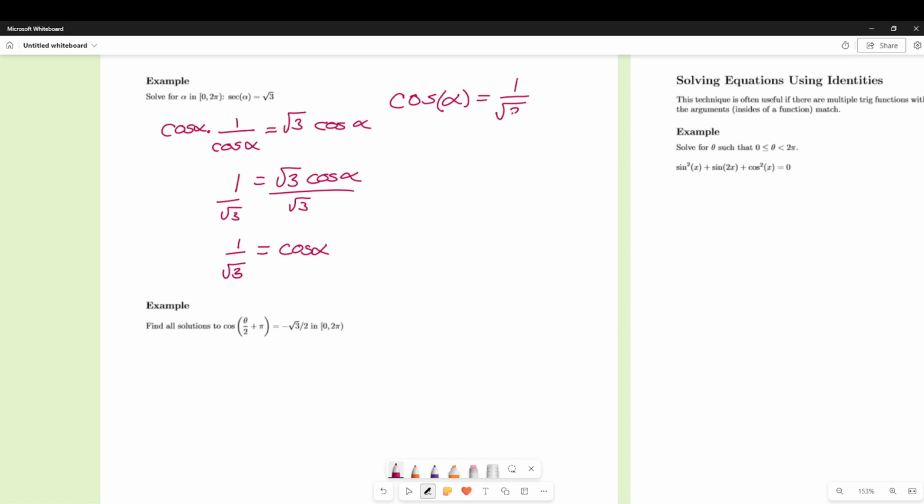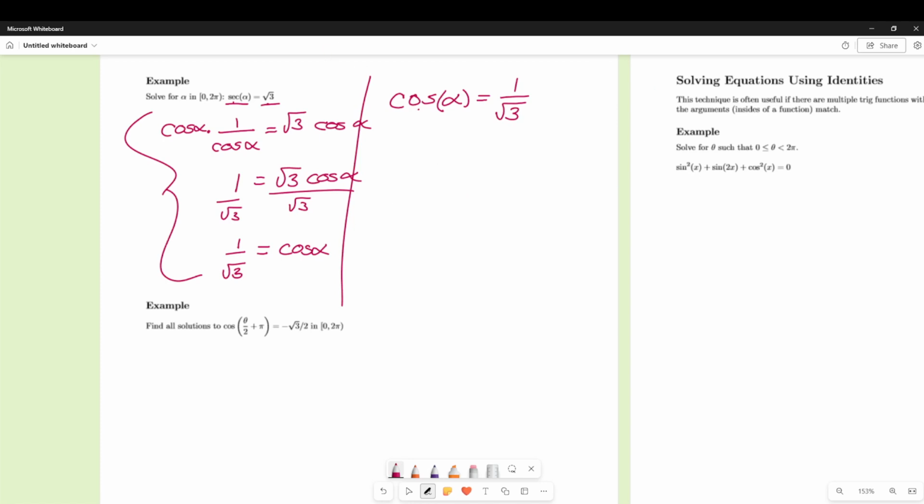Great. And we didn't necessarily have to go through all this work. We know secant and cosine are reciprocals, so if we want to change the secant to a cosine, that square root of 3 became 1 over the square root of 3. It's the reciprocal, so that should seem fairly natural, but if we want to do it formally, we certainly can.